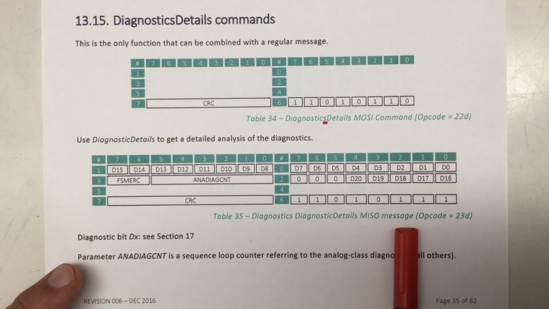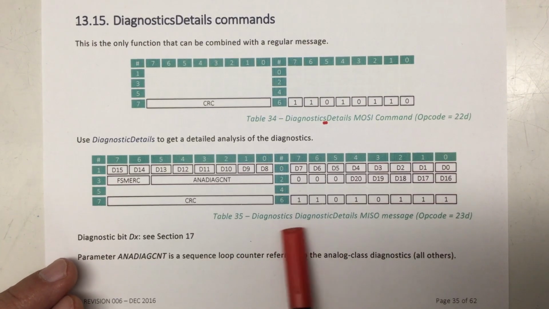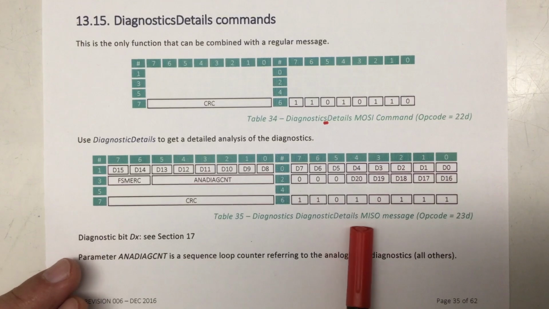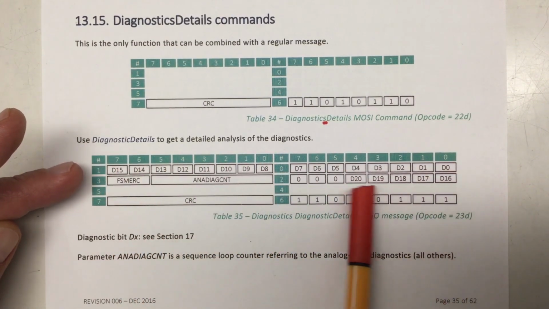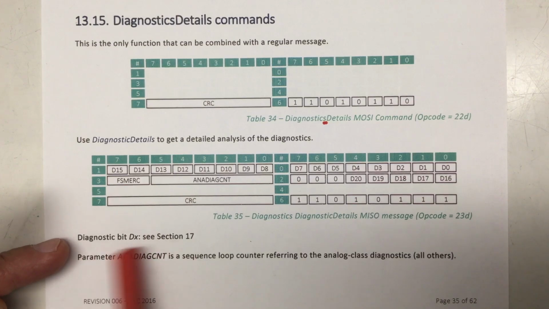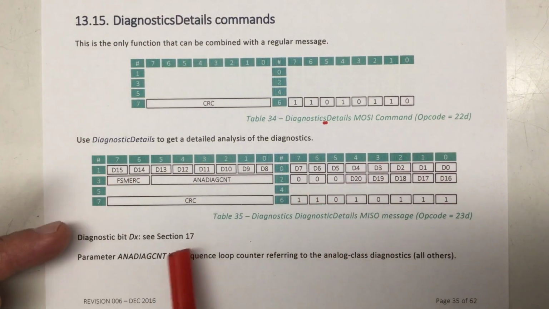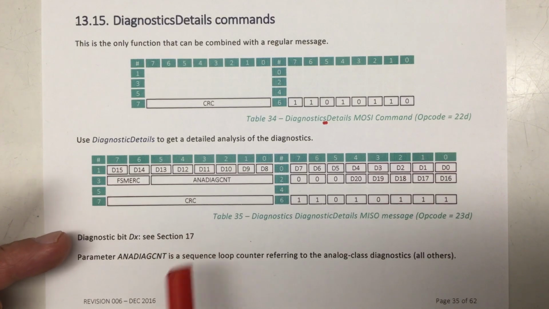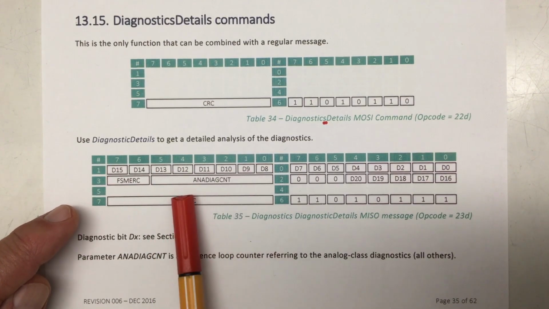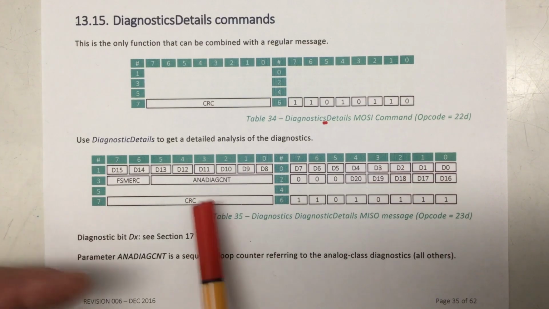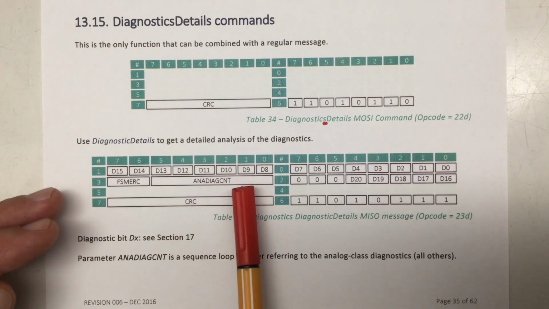The MISO message is another kind of beast. It's called here diagnostics, diagnostic details. First, we have here 21 bits called diagnostic bits. Each bit, of course, indicating some error condition. We will see section 17 for that. Then we have here a 6-bit field anadiag-kunt. That stands for analog diagnostic or diagnostics counter.